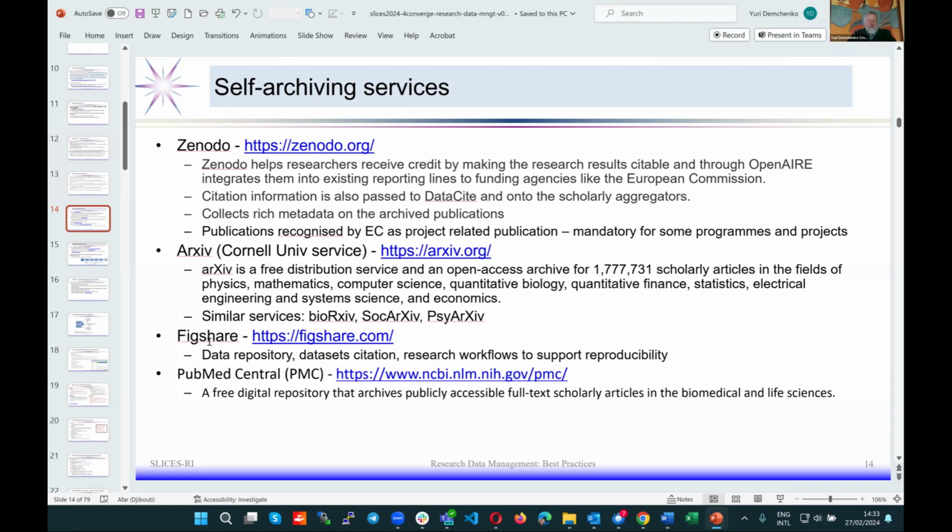Figshare positions itself as a self-archiving service to facilitate reproducibility of research, so they have publication of data sets, workflows, and so on. I don't know much about PubMed, but maybe some of you participated in a project related to medical research where this is applicable.